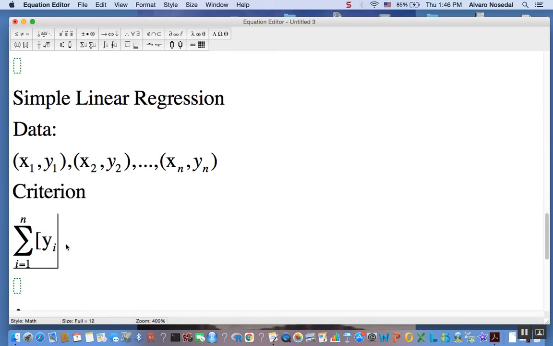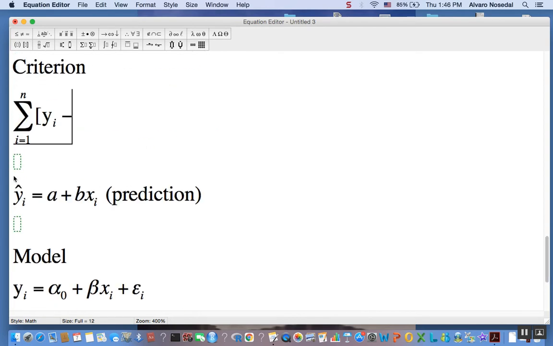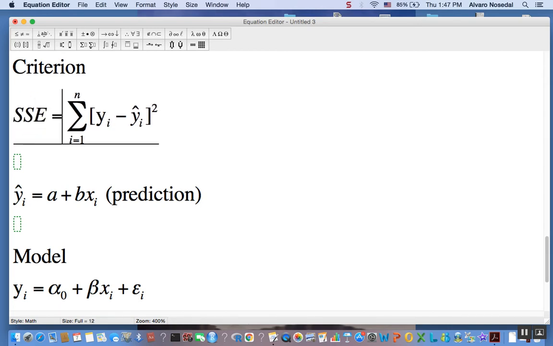So yi minus yi hat squared, right? And we do that for every single observation. Make sense? Okay. So this criterion has a special name.